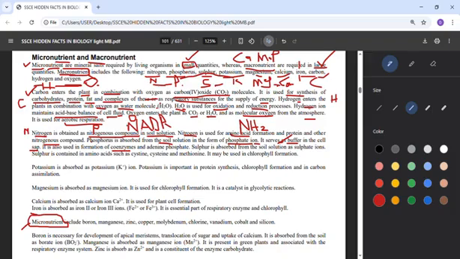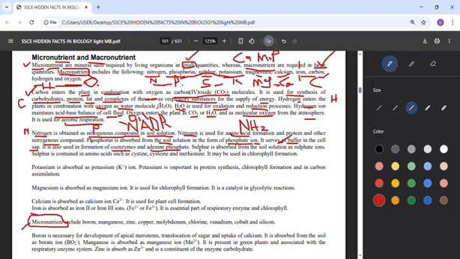The N is the nicotinamide, the A is the adenine, then the D dinucleotide, while the P is the phosphate. So phosphorus is present there. It works with the coenzyme in glycolysis, and we also find it in adenine phosphates.